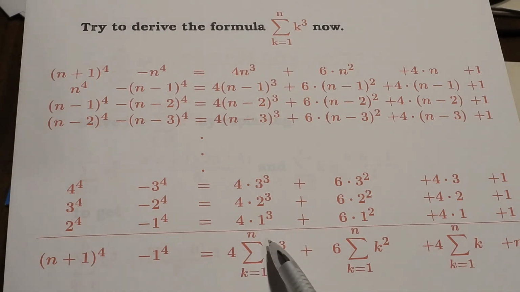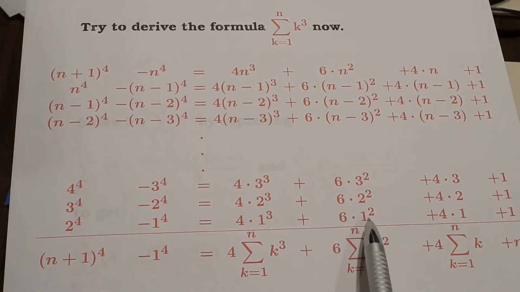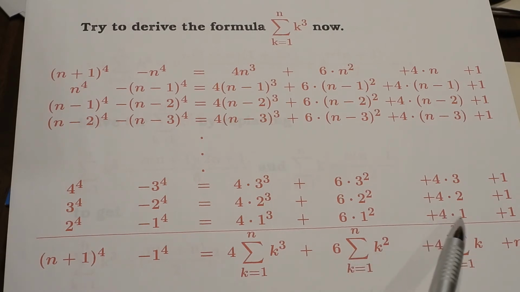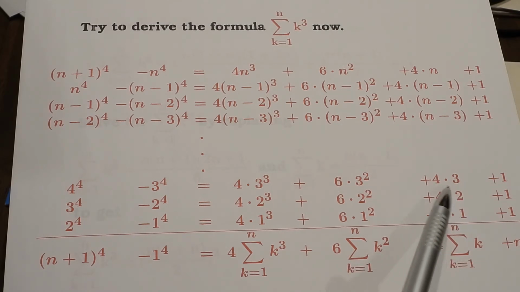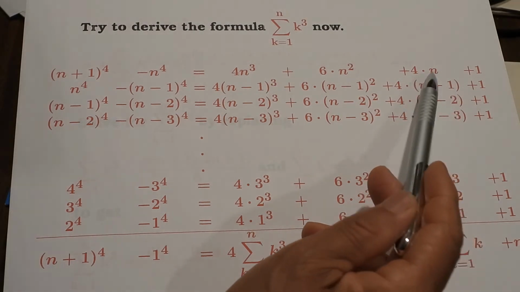Using the definition of sigma notation, we have 4 times sigma k cube with the value of k from 1 through n. And again here you have a 6. Now 1 squared, 2 squared, 3 squared, so you will have sigma k squared. And then we have 4 times 1, 4 times 2, 4 times 3, all the way up to 4 times n.